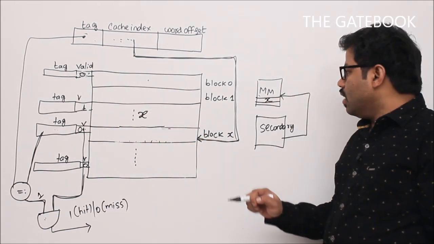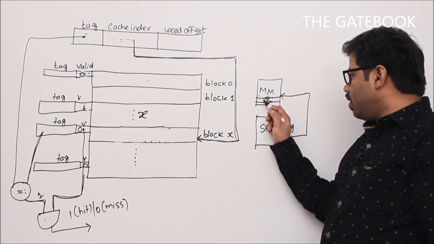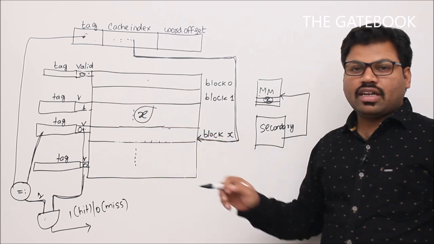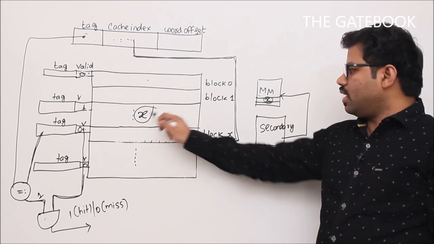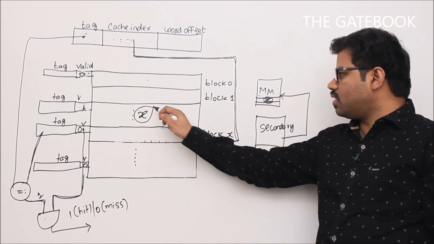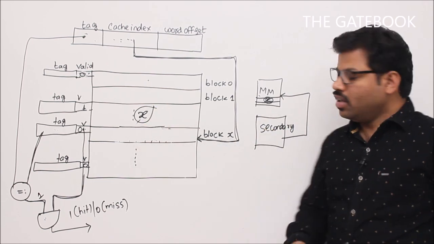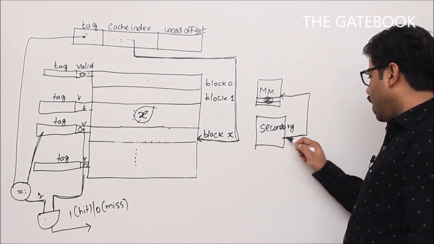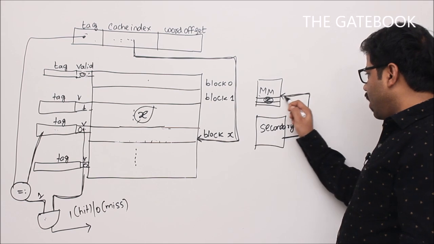The same data that is in main memory is kept in cache. For consistency, this X and this X should be the same. If the main memory content is modified, this also is supposed to be modified. So assume that we are transferring some data from the secondary memory to main memory.